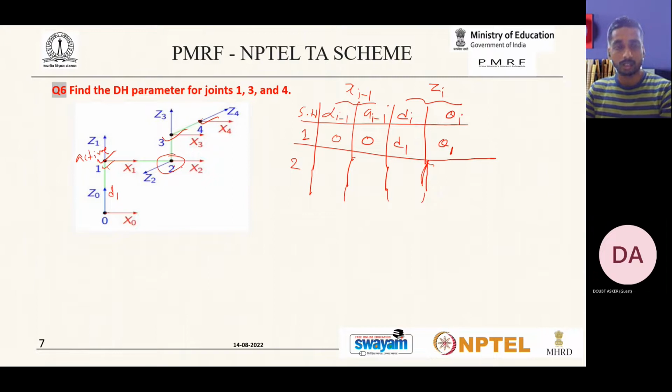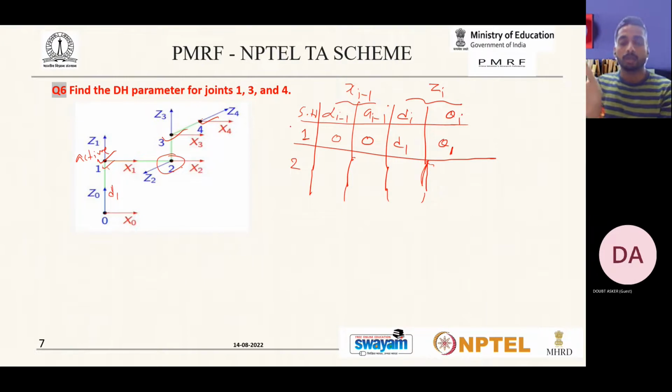So the second joint is here. Now if you look at the second joint, we have Z2 pointing towards me and X1 like this. So we have to find out the angle between Z1 and Z2 along X1. How will you rotate Z1 with respect to X1 so that it will coincide with Z2? That is alpha i-1.